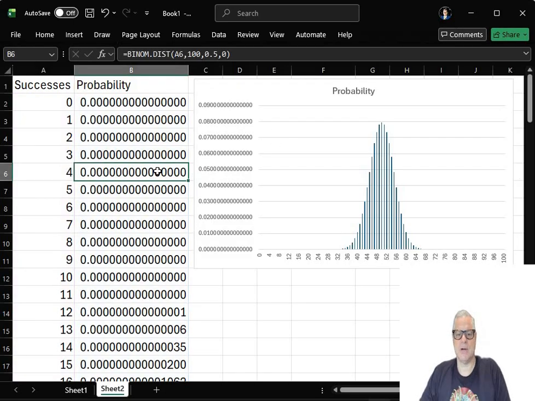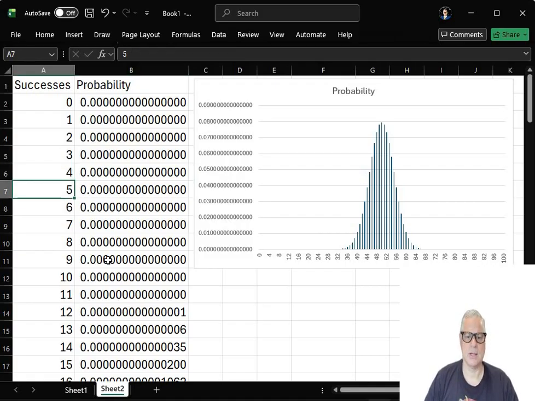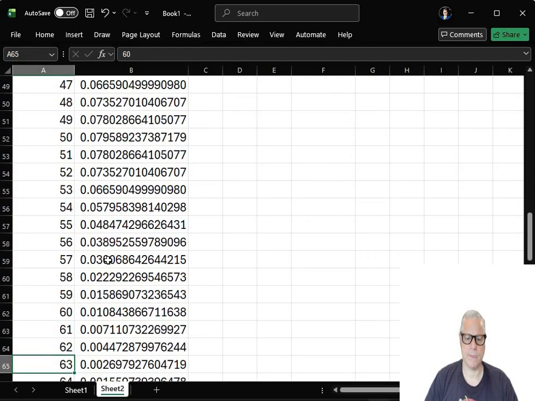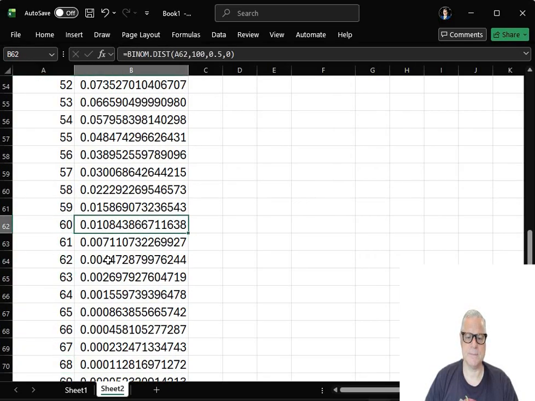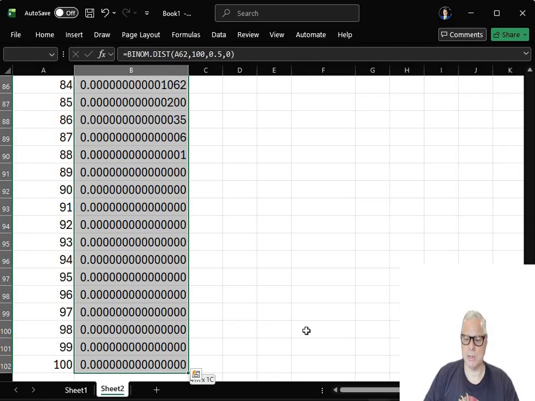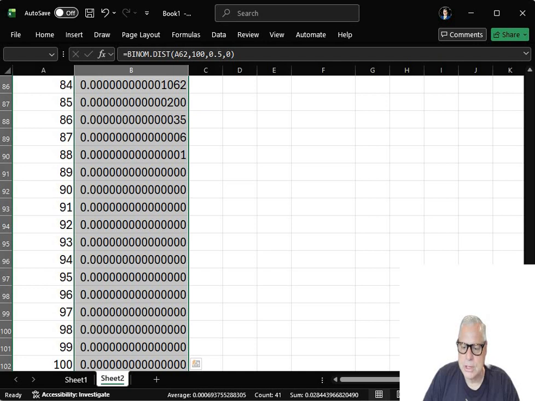Okay, so now we can do two things. We can go to the number of successes. We go to 60. And now we just sum up the probability that we get 60 or 61 or 62. That would be the cumulative one. And then down here, maybe we can see if I pushed it up.